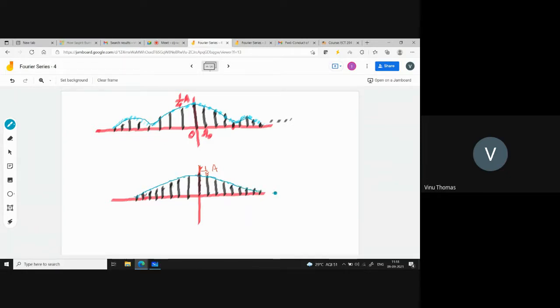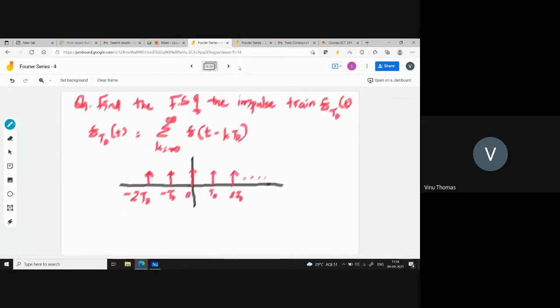At some point it will go up, and at some point again it will be like this. So this is modulus of Ck versus k. This again is modulus of Ck versus k. So I hope this is understood.